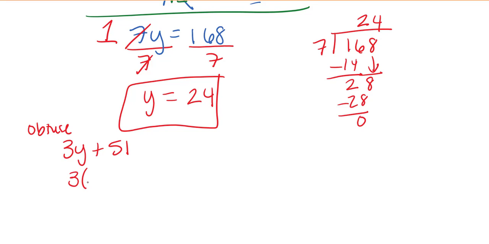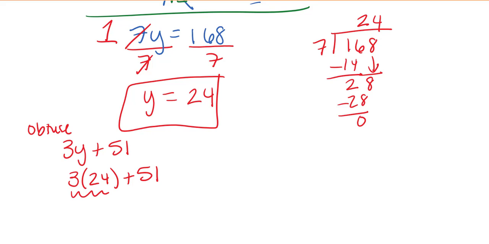So 3 times 24 plus 51. Well, we need to do the multiplication first. So 3 times 24. Well, that would be equal to 72. And so another way to look at that is go 3 times 25 in your head, right?